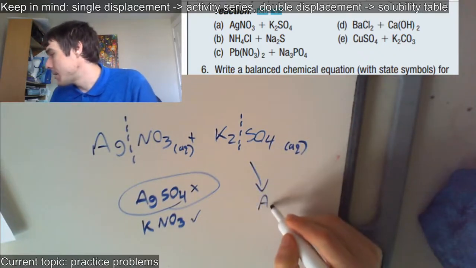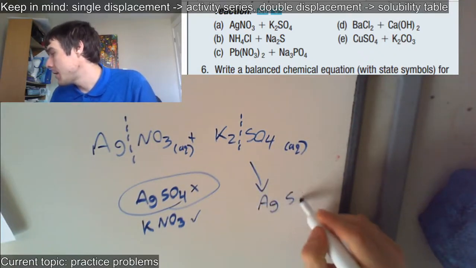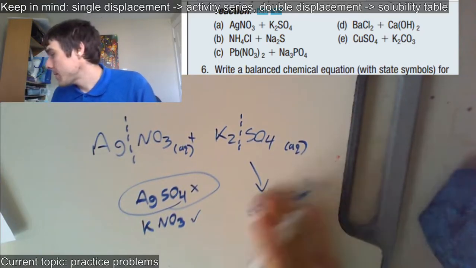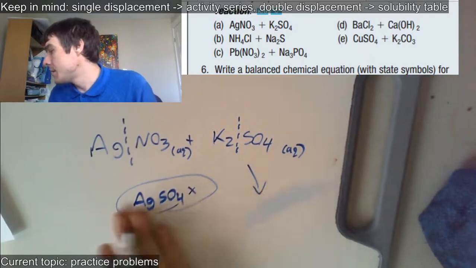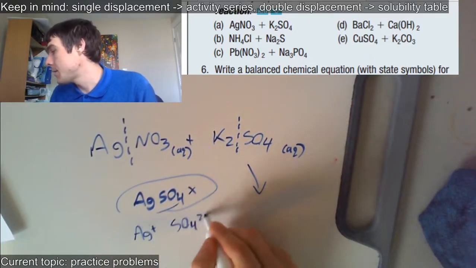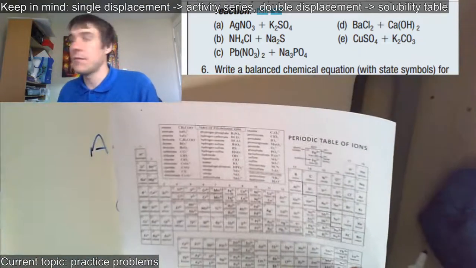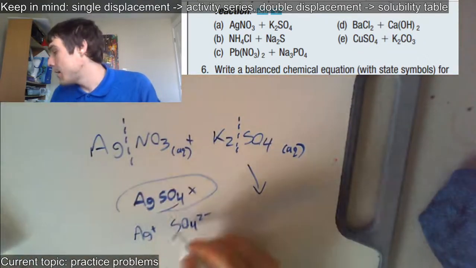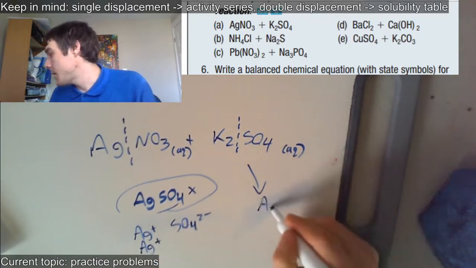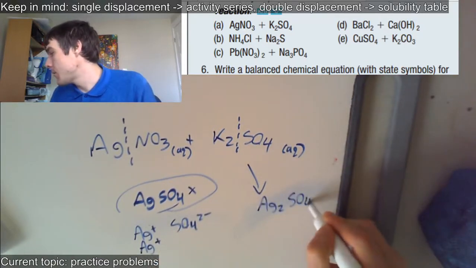It will produce silver sulfate, but we have to do our ions. Silver sulfate, silver +1, sulfate -2. You get that from our table of ions. We need 2 silvers for every sulfate, so it's going to be Ag2SO4.